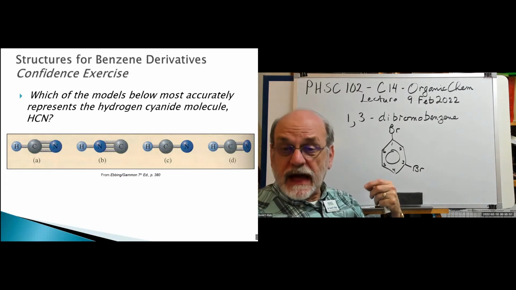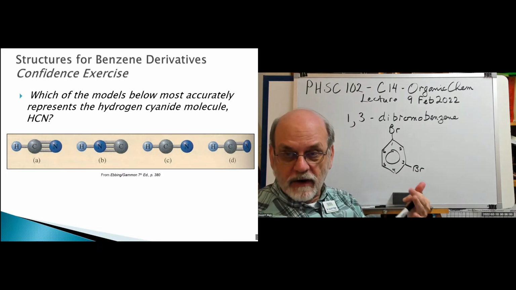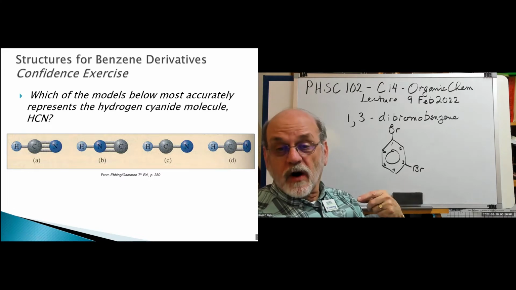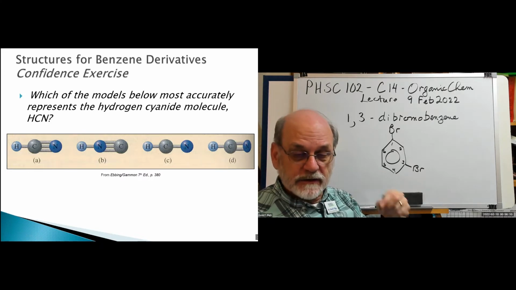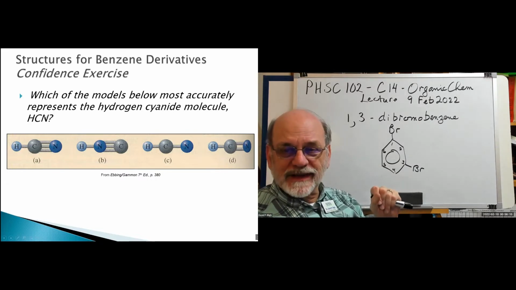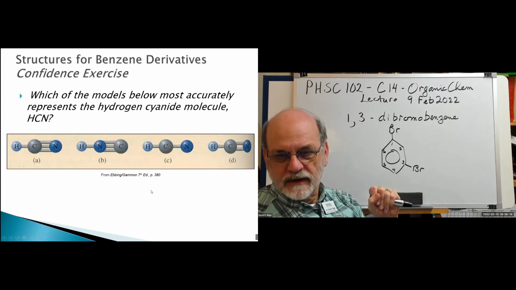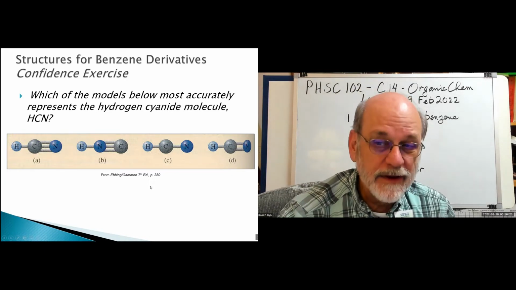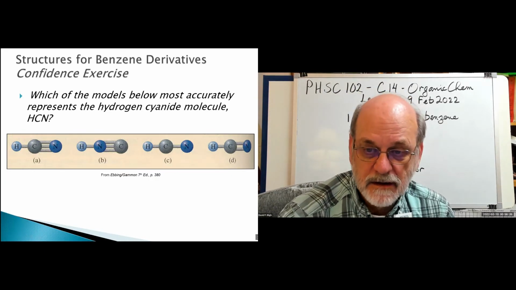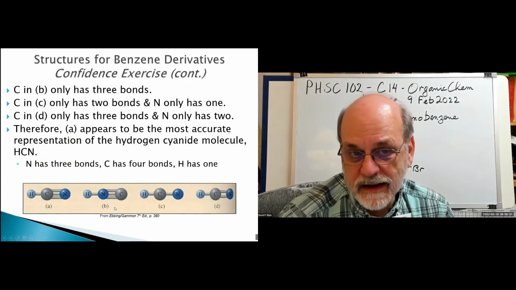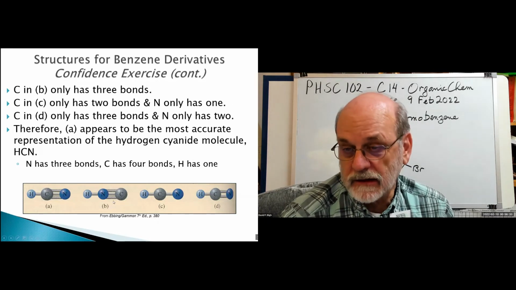So this is supposed to be an organic compound, right? Because it has carbon and hydrogen. And the carbon has to be bound to the hydrogen. So hydrogen cyanide, which one of these is best? We can look at it 2 different ways. One is, how about the number of bonds? All right. If we look at carbon in B, it only has 3 bonds, so we throw it out.